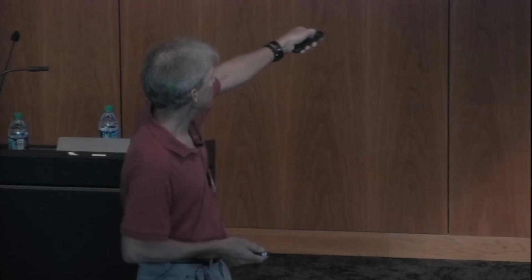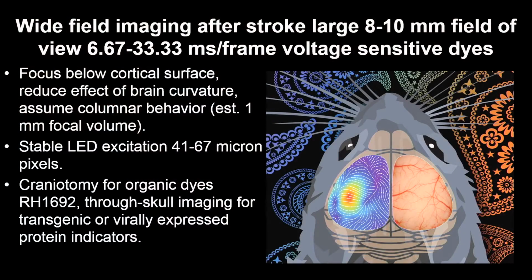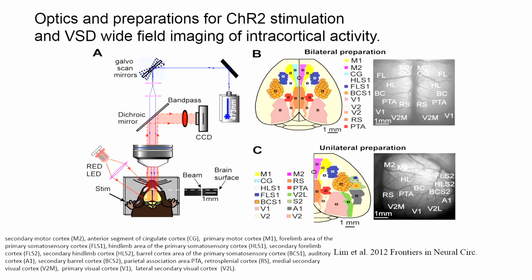Lately, we've been doing imaging through intact bone, and we really like this preparation because it's fairly non-invasive, and we use this with transgenic mice, and these are lines that we've actually gotten from the Allen Institute, and Hongkui Zeng made them available to us early on, the AI93, AI94, and others.